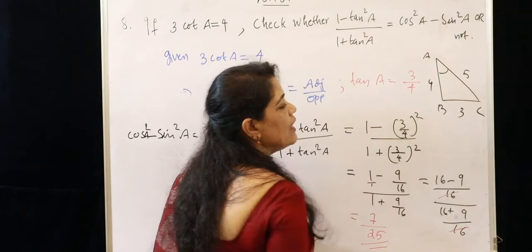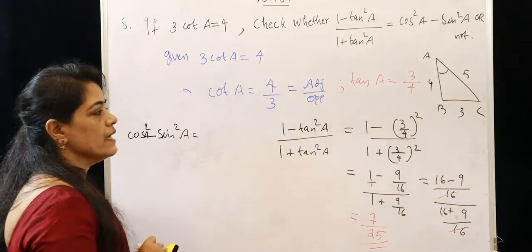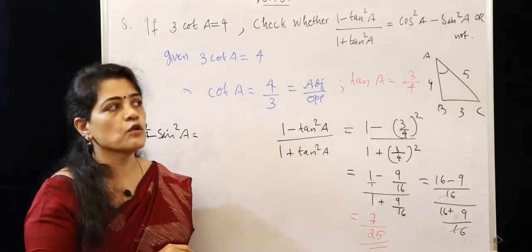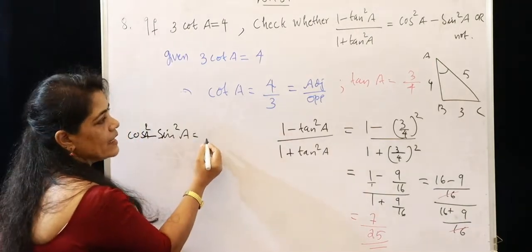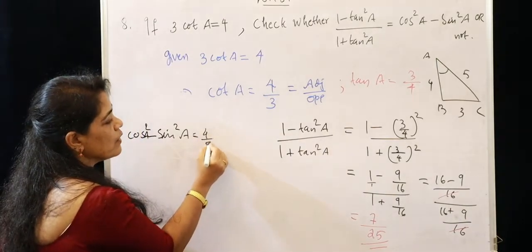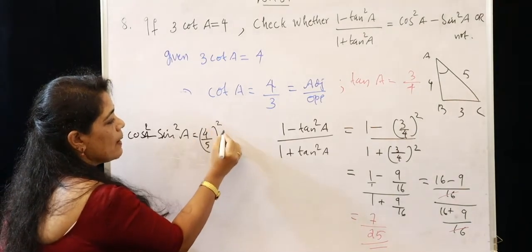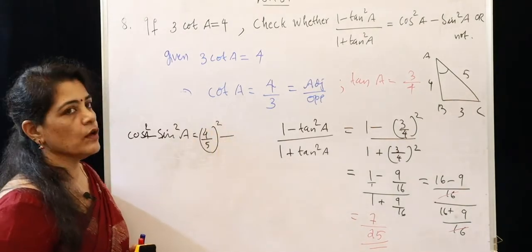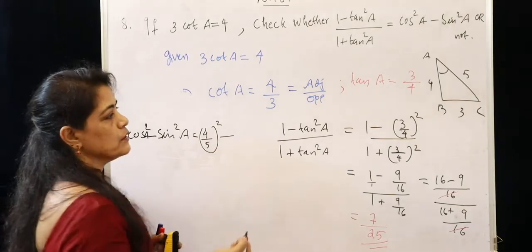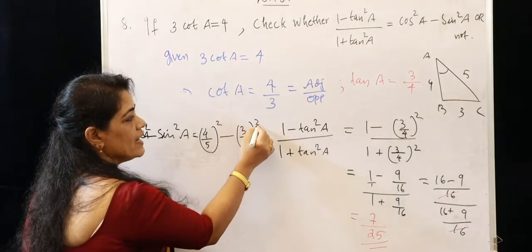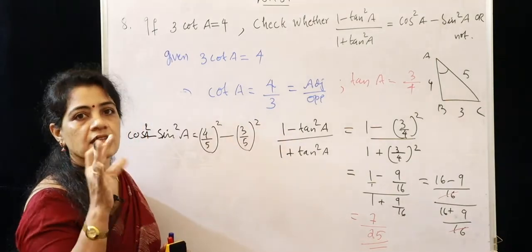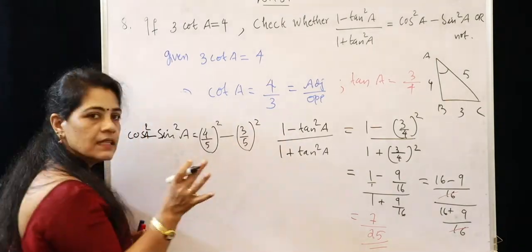So what will be sin A? Here the first term is cos, so cos A is the adjacent side by the hypotenuse. So the adjacent side is (4 by 5) whole square, minus sin square, the opposite side by the hypotenuse, that is (3 by 5) whole square. Sin theta whole square is sin square theta; nothing is there in the denominator.